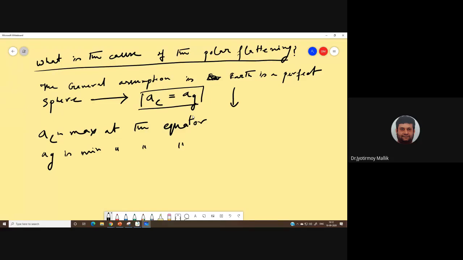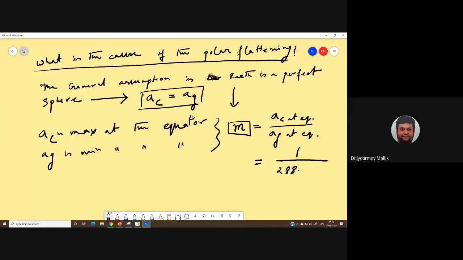Okay, so we can express the ratio of the AC at equator by AG at equator with a value called M, and we see that the value comes around 1 by 88.901. Okay, so this has another type of inference.